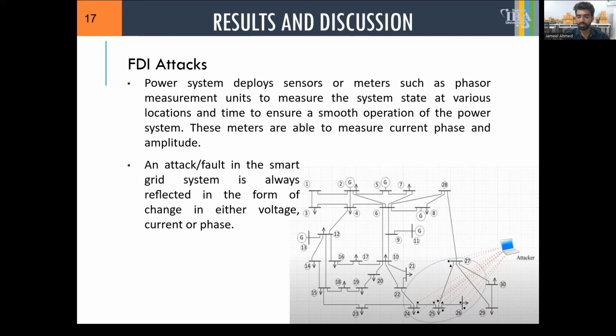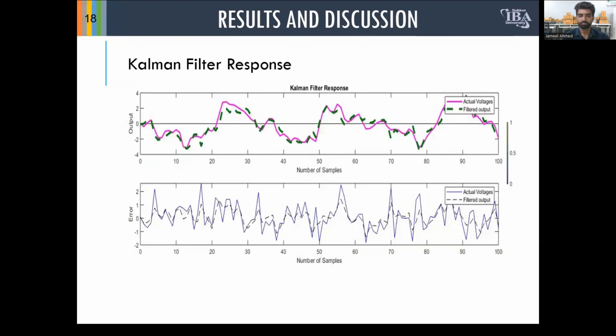The attacker will be attacking any bus, changing the bus voltage, as you can see in this picture. So this is the Kalman filter response that we got. It has actual voltages and also the filtered output from the Kalman filter. Actual voltages are the reference voltages coming from the grid, and the filter output is the output of the Kalman filter.